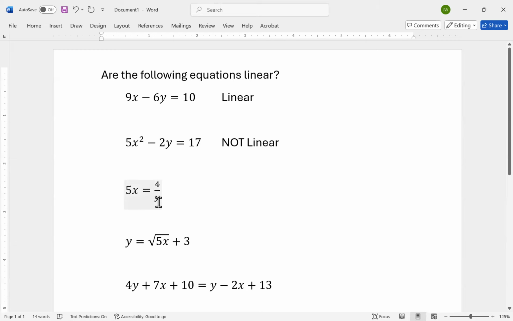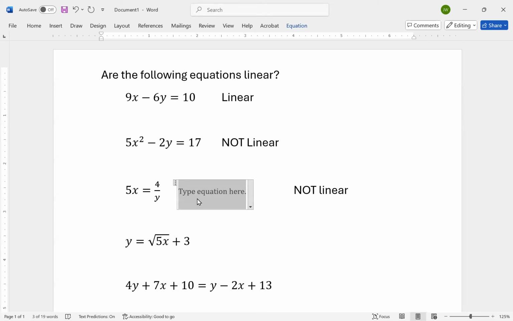5x equals 4 divided by y is also not linear. And again, you might say, well, aren't x and y both being raised to the first power? Well, they are, but technically I could have rewritten that where the y on the right-hand side goes into the numerator.